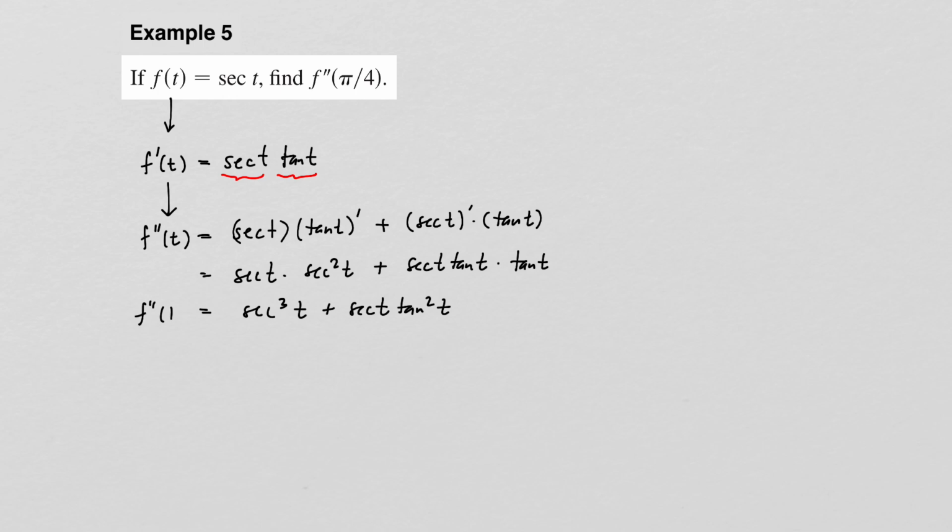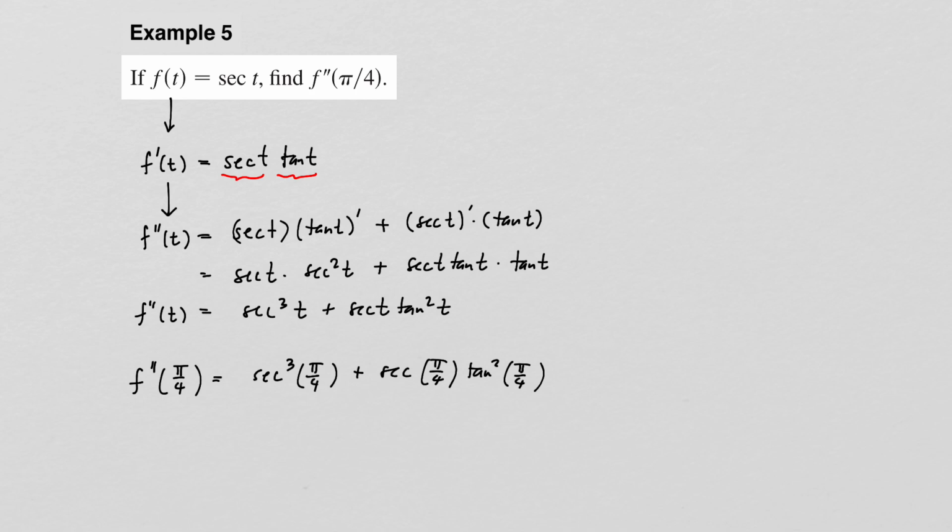And this is suitable for what we want to do, which is plug pi over 4 into our second derivative. So now we'll just replace every t we see with pi over 4. So this becomes secant cubed of pi over 4 plus secant of pi over 4 times tangent squared of pi over 4.